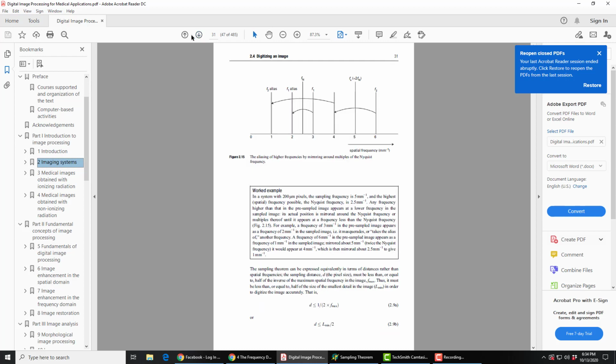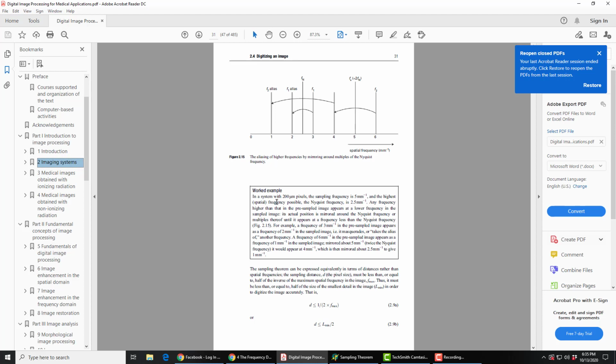We looked at this example a long time ago, I think, in a system with 200 micrometer pixels. The sampling frequency was 5 per millimeter. The sampling frequency is the inverse of the pixel size and vice versa. So the sampling frequency to get an image with 200 micrometer pixels is 5 samples per millimeter, 5 millimeters to the minus 1.